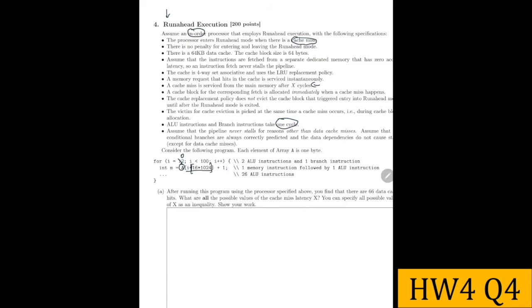As you can imagine, if you multiply by 16 multiplied by 1024 for different i's, then each cache block location goes to the same set in the cache.